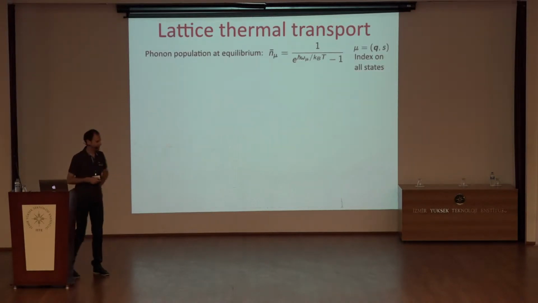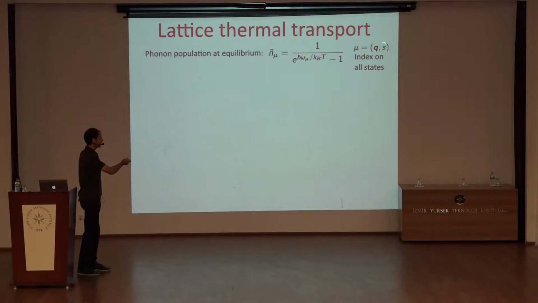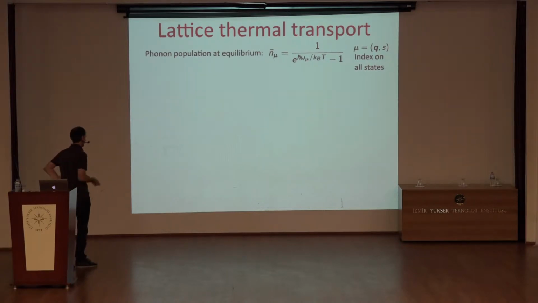Let's start with the fundamentals of the semi-classical theory of thermal transport, to get familiar with the notation that I'm going to use. n bar is the Bose-Einstein distribution function. Mu is an index that labels all possible phonon modes, so a label over all possible phonon wave vectors and phonon branch indexes.